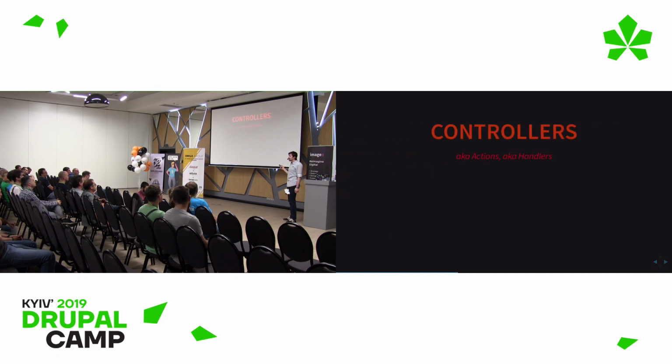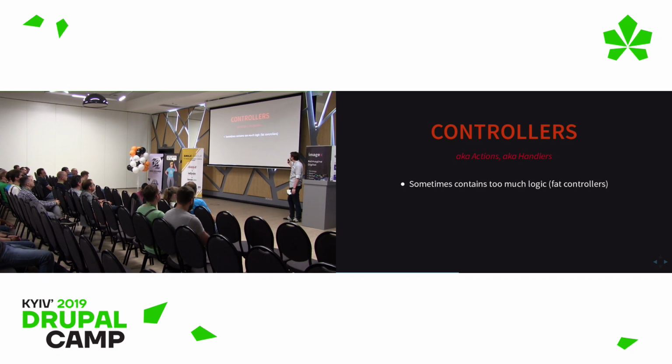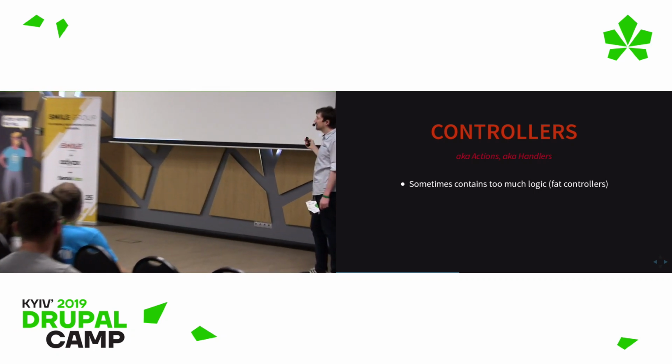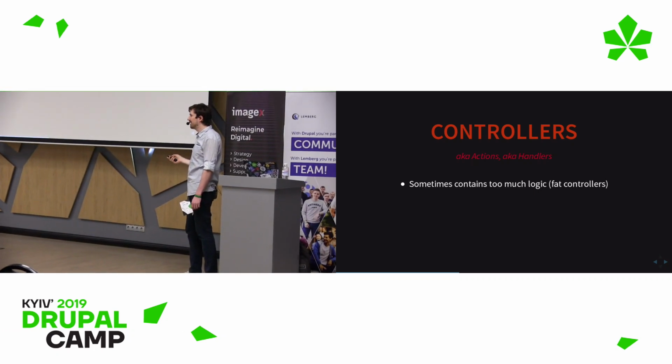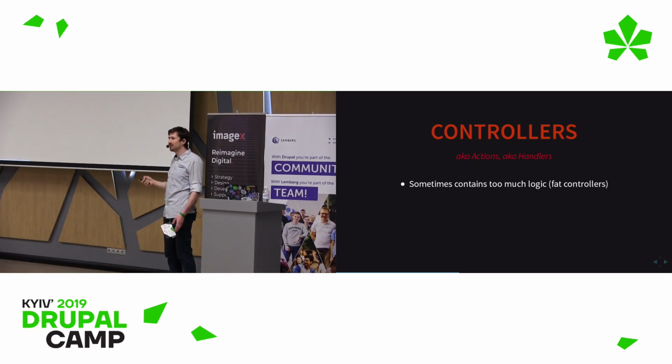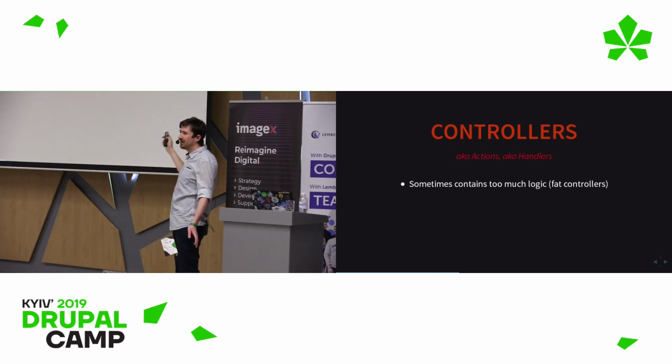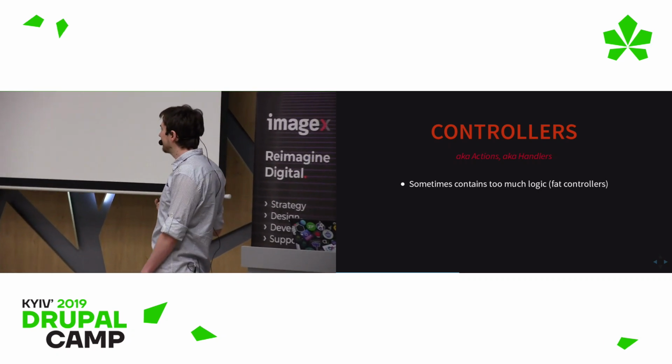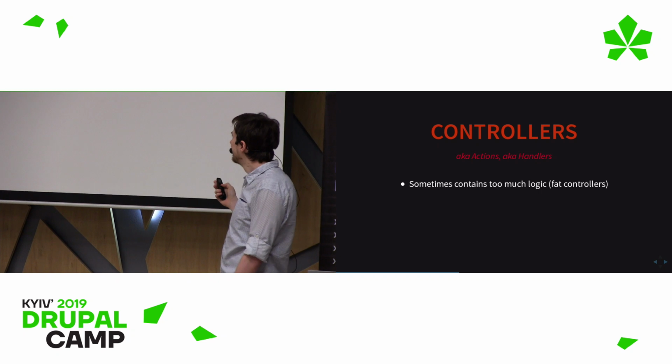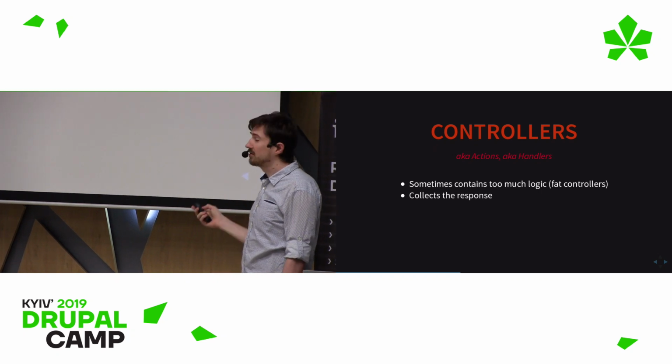Controllers are also known as actions, also known as handlers, depending on the framework and its naming convention. Sometimes a controller has a lot of logic, and I think everyone has seen a controller with 5,000 lines of code in a project. It's a mess, it's from Drupal 6. And what should controllers do?